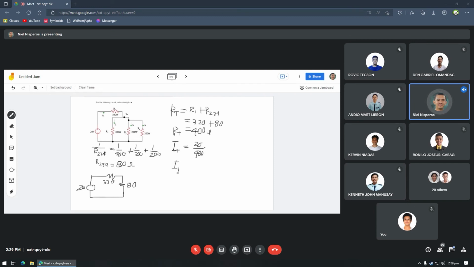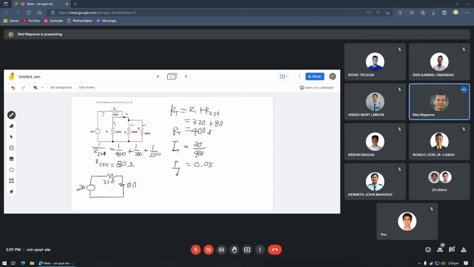So our I total is equal to 0.05, or 50 milliamps. How much again? 0.05 amperes. Okay.